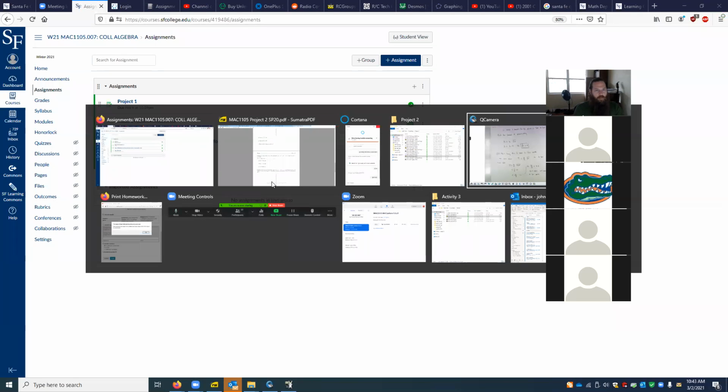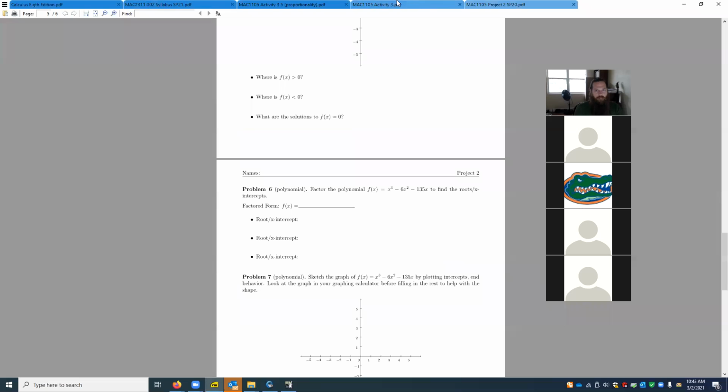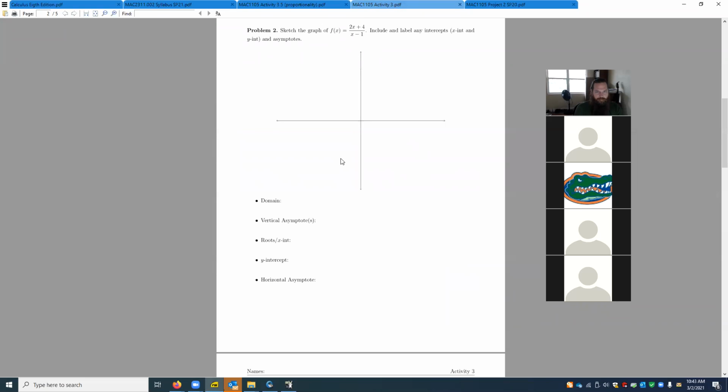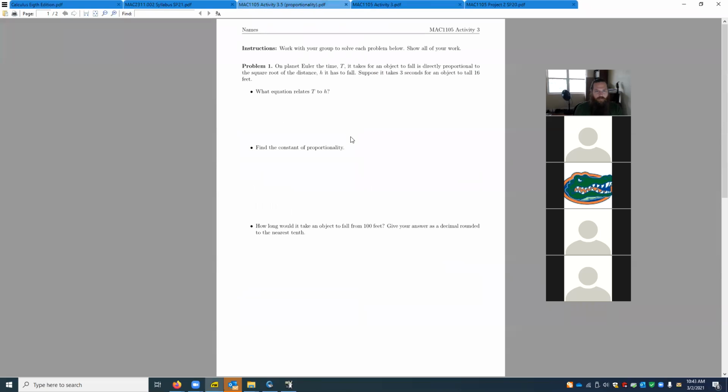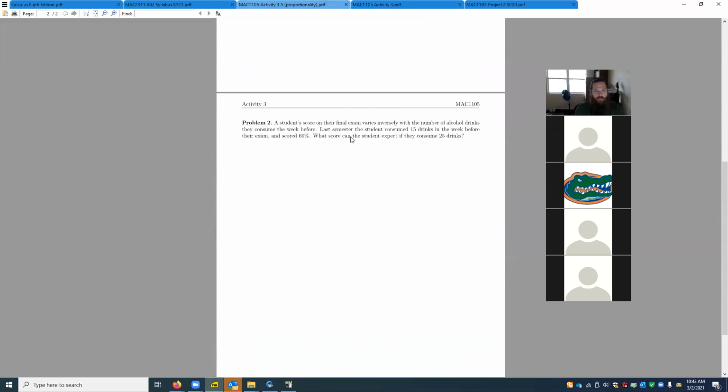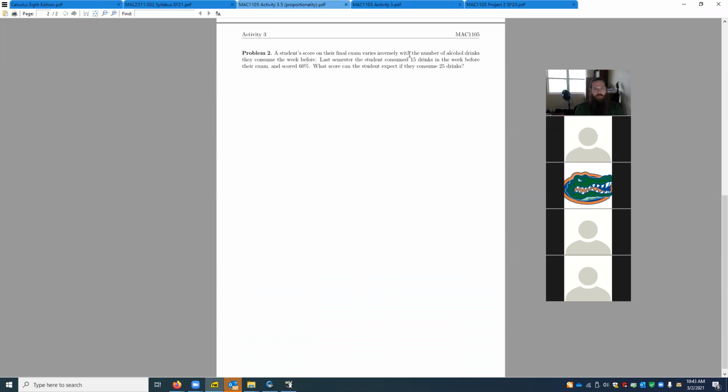All right, the last little bit of activity question here. A student's score varies inversely with the number of alcoholic drinks they consumed the week before.